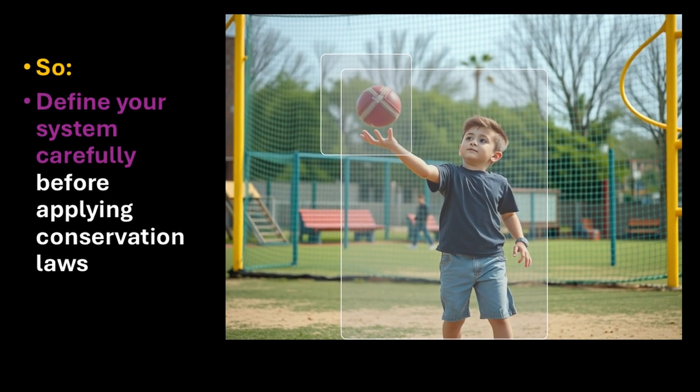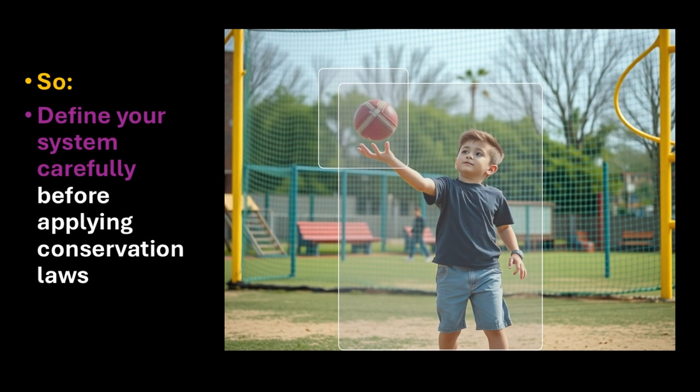Now, let us see how to define our system. We have a boy here trying to catch a ball. There are two possible systems: one is the ball alone, two is the boy alone. And there is, in fact, even one more, where you can pick both of them together.